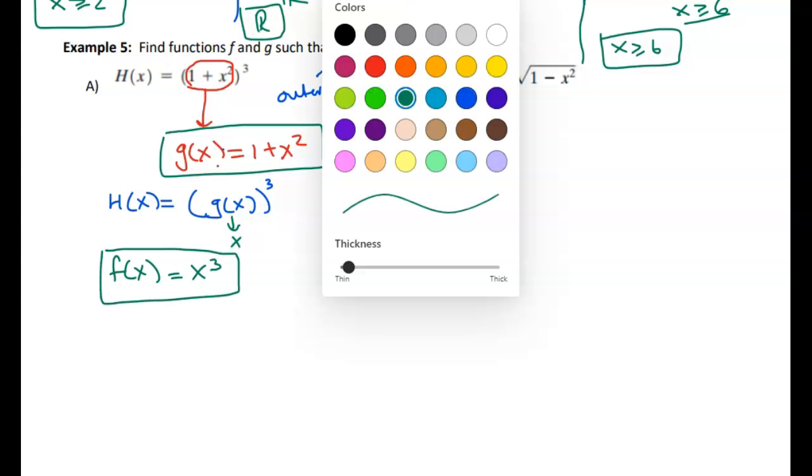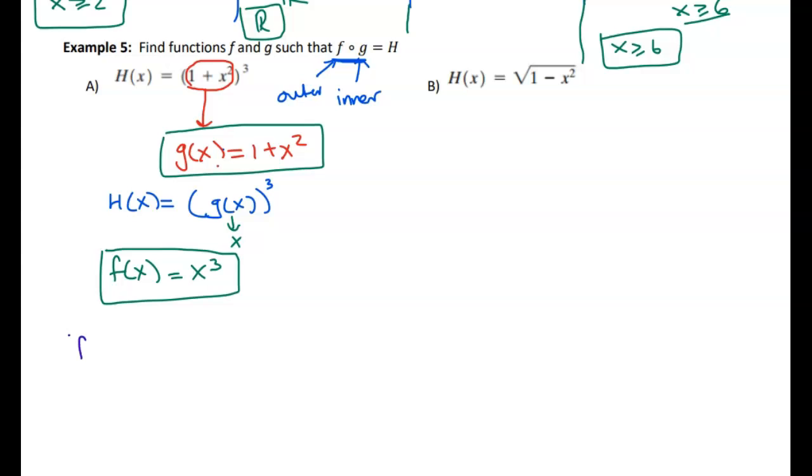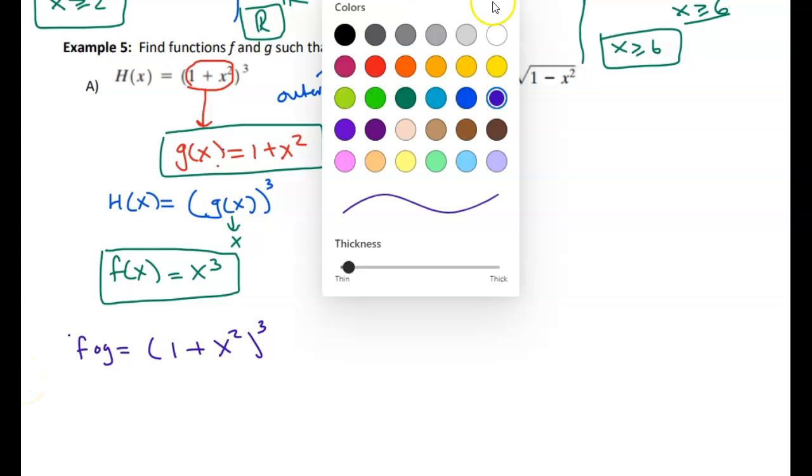You can see that if I compose them, if I find f of g, we take the f function, which is x cubed, and replace the x by the g function, and we end up with what we started with. These ones you can always easily check.